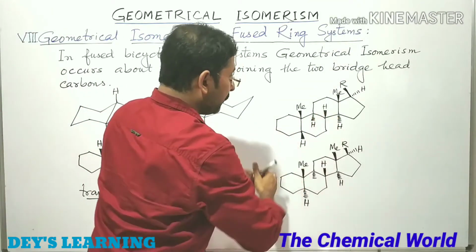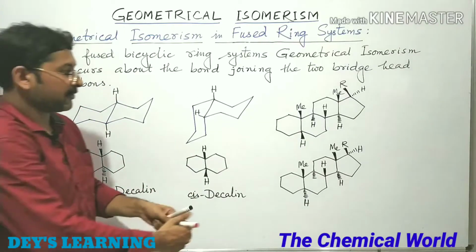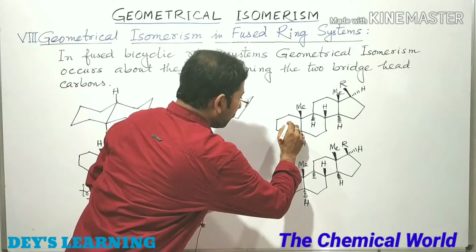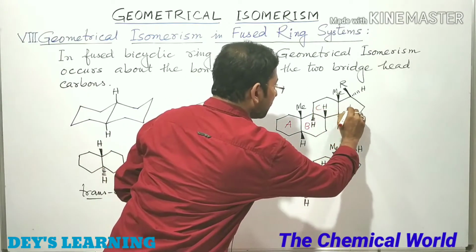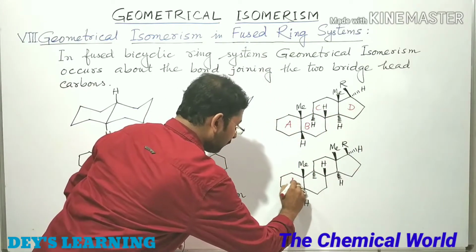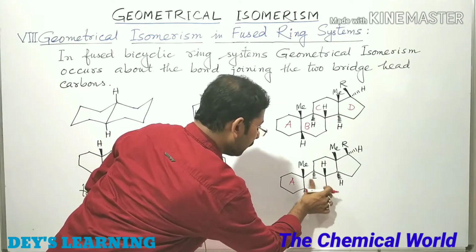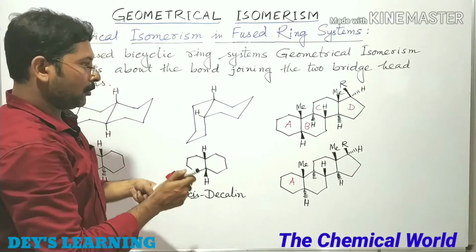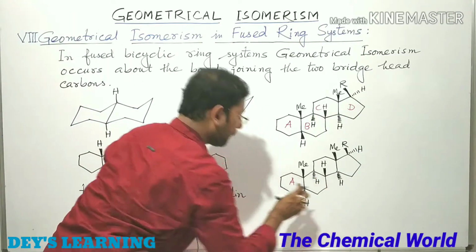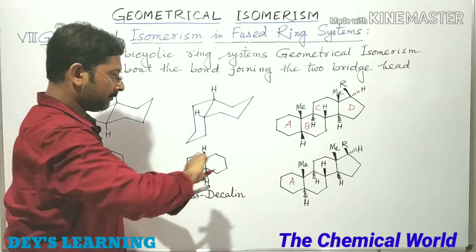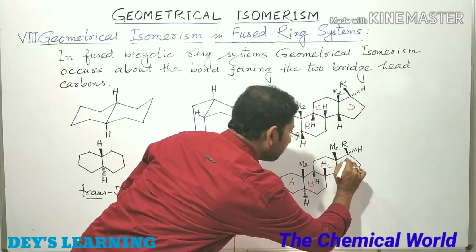So, in steroids, this ring is actually A ring, this one is B ring, this one is ring C, this one is ring D. Likewise, this one is A, B, sorry, one hydrogen is missing from here. This is hydrogen. A, this one is B, this one is C, and this one is D.